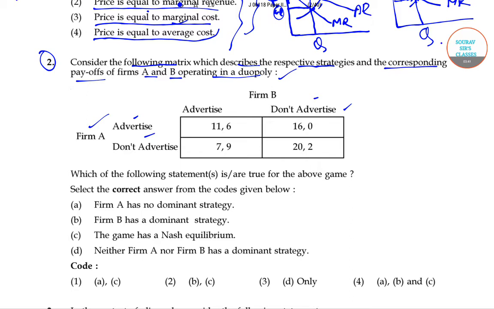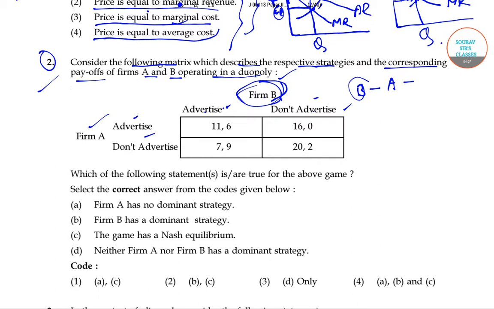For this, it is very simple. In order to solve this question, first we'll consider firm B's payoff, or firm B's strategy. If firm B chooses advertisement, firm B has 2 options, either advertisement or don't advertise.